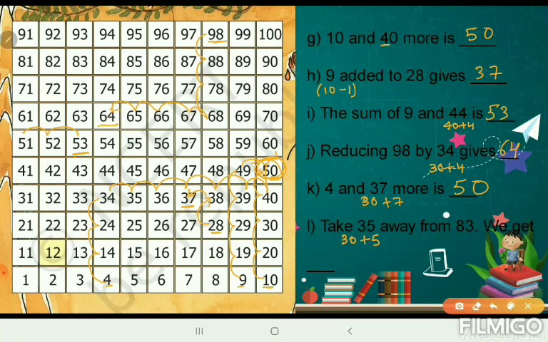So from 83, where is 83? 83 is here. I'm taking away 35. First I'm going back down 3 steps for 30. 1, 2, 3, and then I am going back by 5 more steps. 1, 2, 3, 4, 5. So where did I reach? 48. So answer is 48.